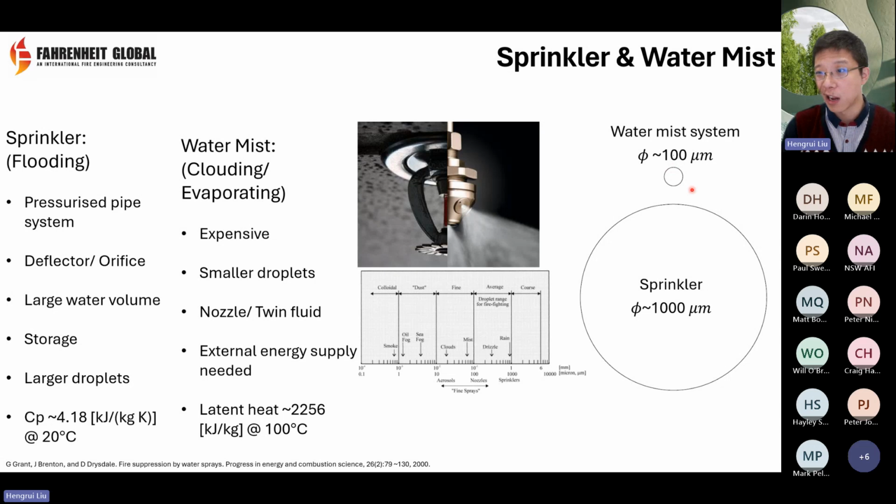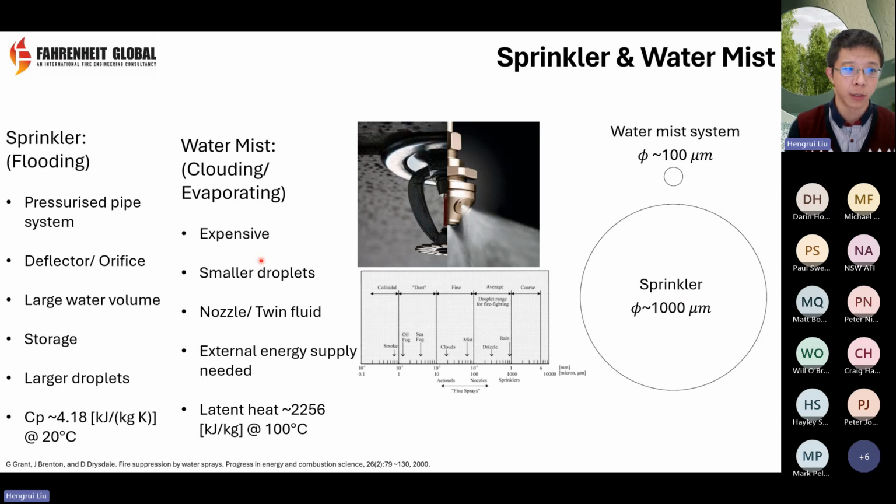In terms of projection area it is already a huge difference, and in terms of volume the difference is even greater, cubed. This significant difference in droplet size makes the significant difference in the fire suppression mechanism.